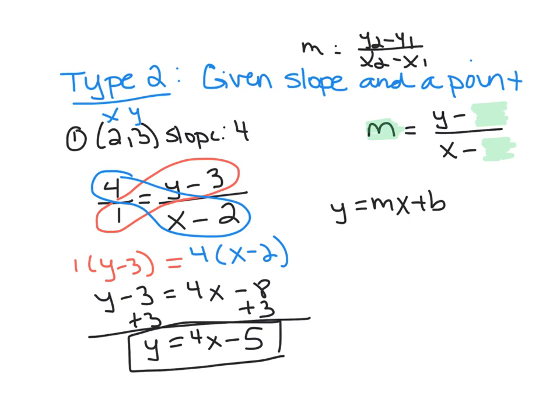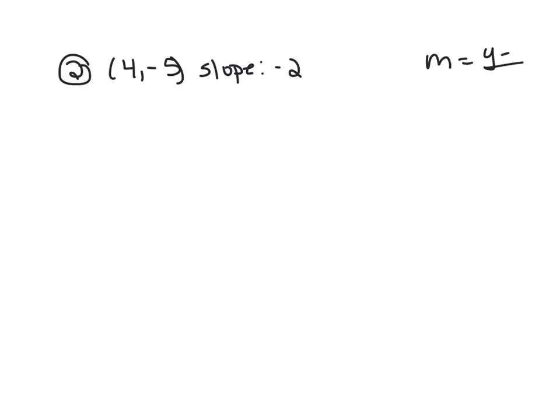All right, so let's try this one. Let's just say we have a point, 4, -5. Slope is -2. All right, so here we go. Slope formula, remember, the m equals y minus y1 over x minus x1, and again, you fill in the slope and these two points.